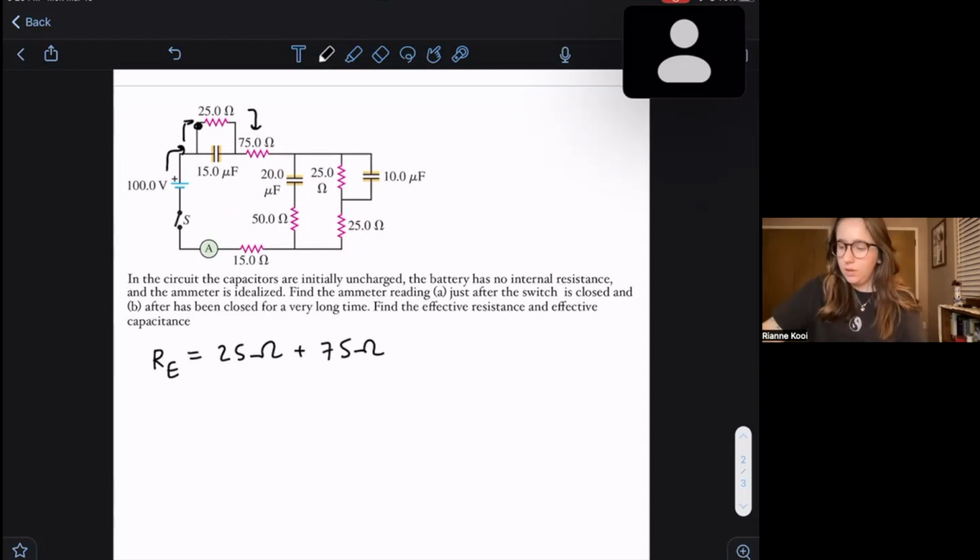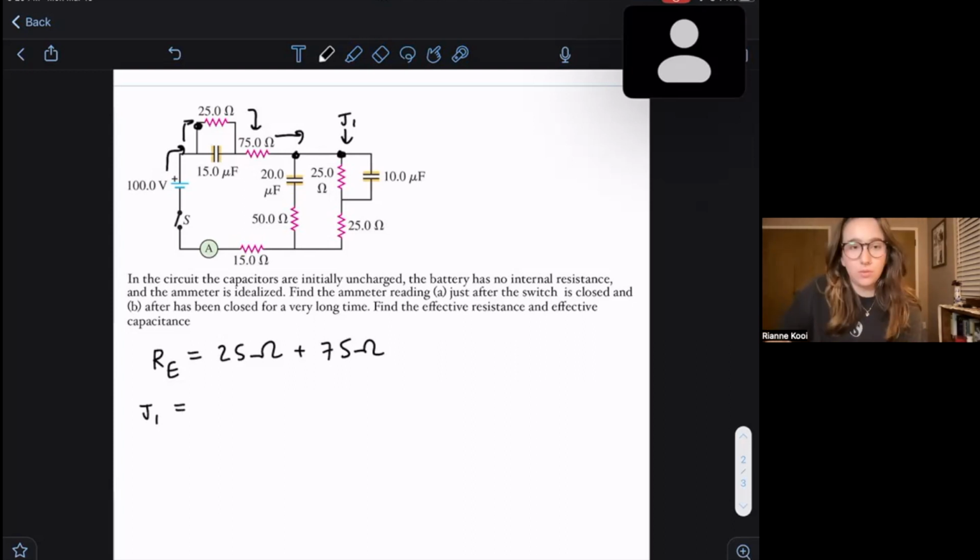As we move along, we come to two junctions, this one right here and this one right here. At our first junction, as we go down this way, we have a series of two 25 ohm resistors. Let's call this junction 1.